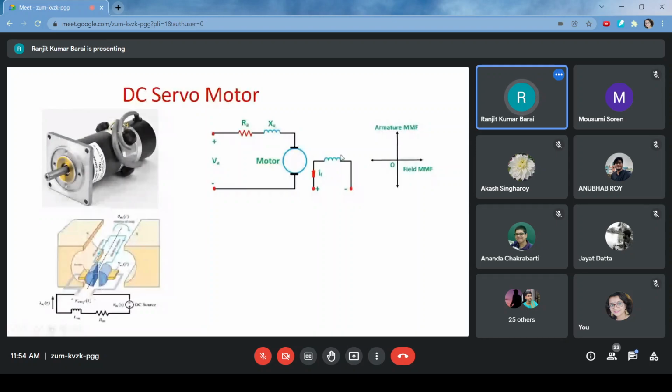So in modern DC servo motors the field coil is replaced by a permanent magnet, because high speed motors like BLDC motors are nowadays available at a very low price and small size, and very strong field magnets of very small volume are available. So most DC servo motors are armature controlled.